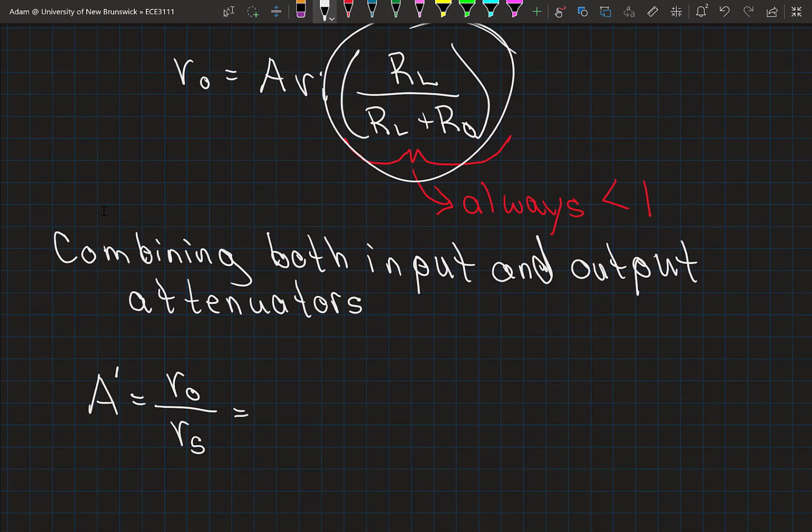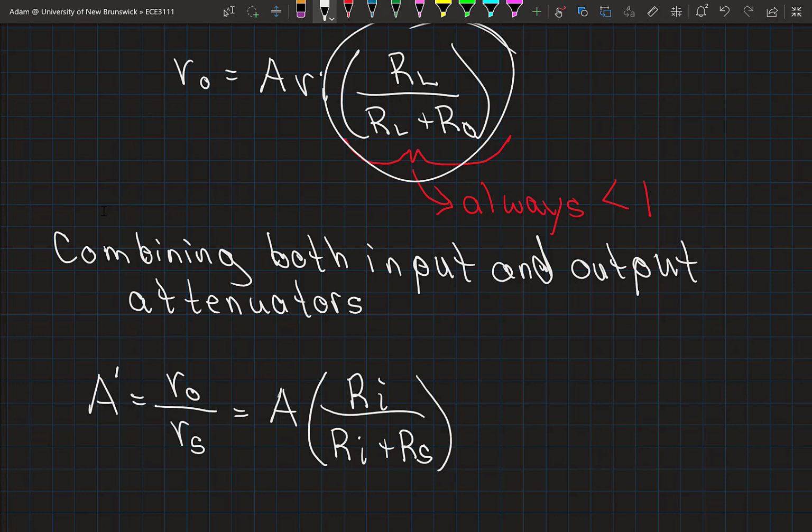We have two attenuations happening. So the gain of the amplifier is attenuated by the voltage divider at the input, and it's also attenuated by the voltage divider at the output.